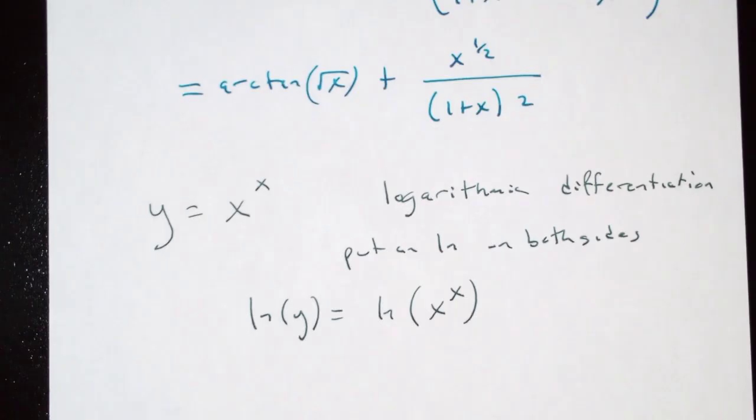Now, on the left side, I have an implicit expression because it's ln of y. But on the right side, I have logarithm of stuff in x. There's a power inside a logarithm. What can I do with that power?